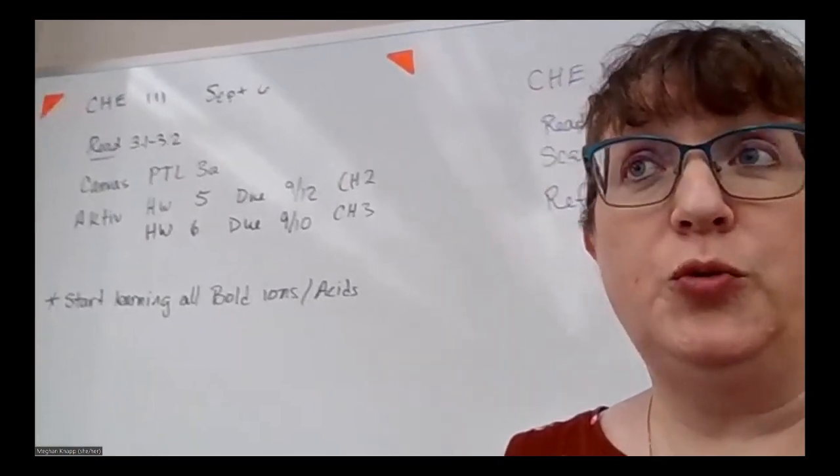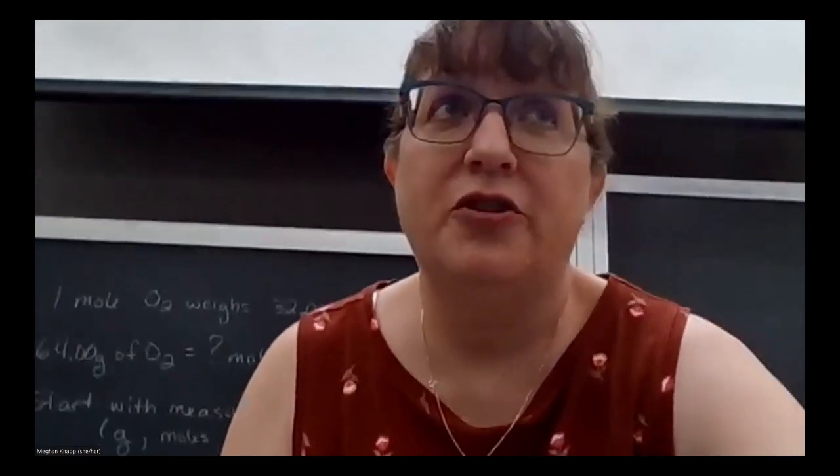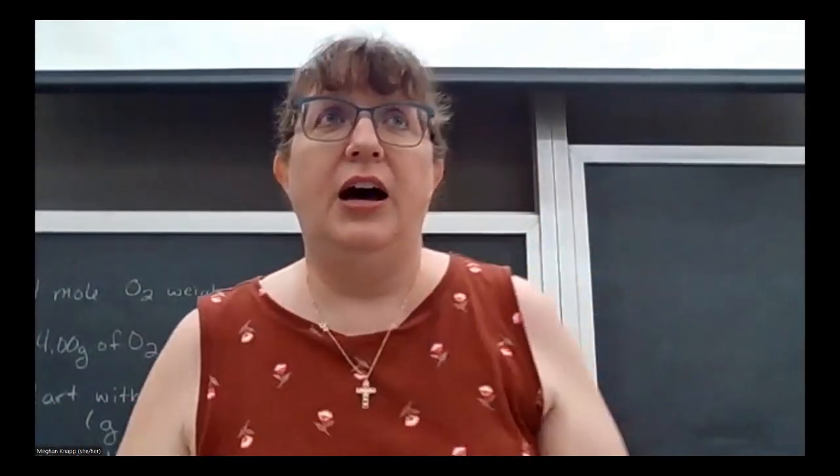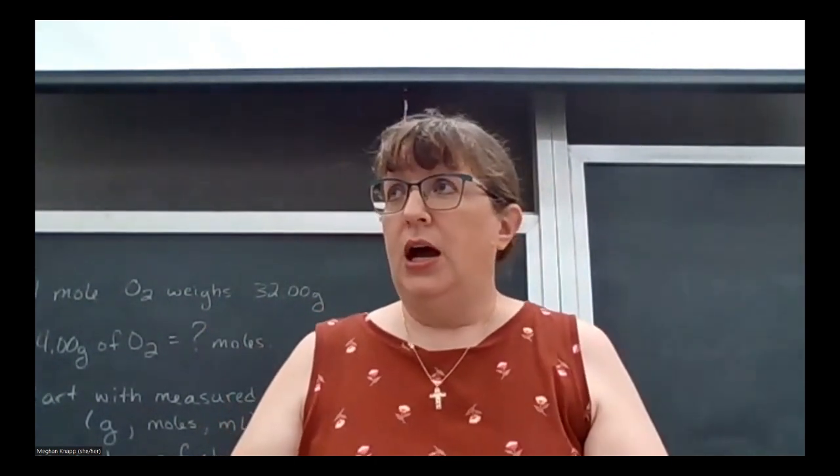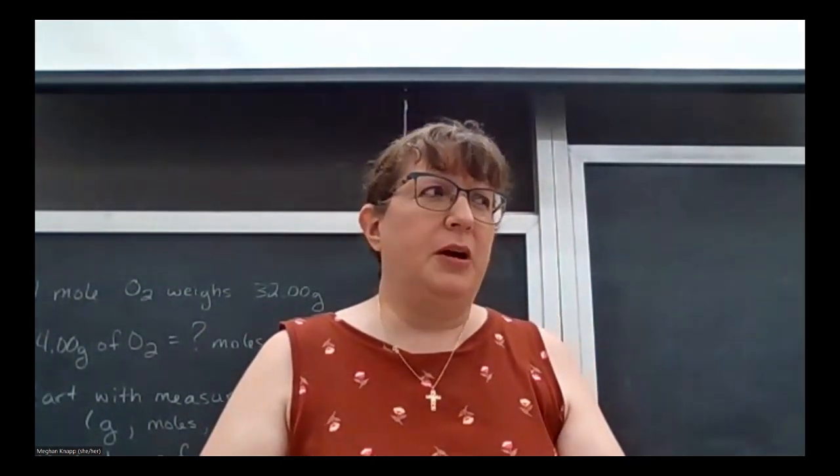So hopefully you memorized the first set of polyatomic ions. There were many of you that it looked like you hadn't gotten around to studying it. So you need to put in some time and effort, flashcards, whatever, to learn those before the exam next week. So any questions about upcoming stuff?